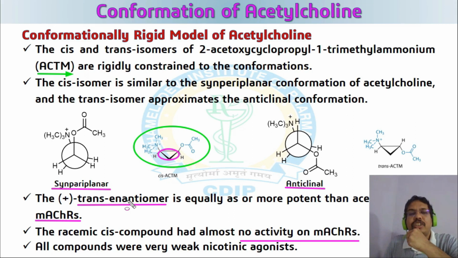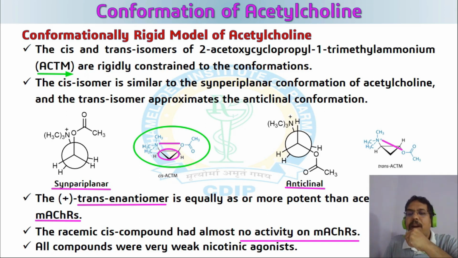That's why the trans enantiomer shows activity towards the muscarinic acetylcholine receptor, while the cis geometry is unable to show activity towards the muscarinic acetylcholine receptor. Ultimately, the distance between these two groups, nitrogen and oxygen, is changed. Basically we require a distance of 4.4 angstrom, but it might be shorter than that, and that's why they are unable to act.